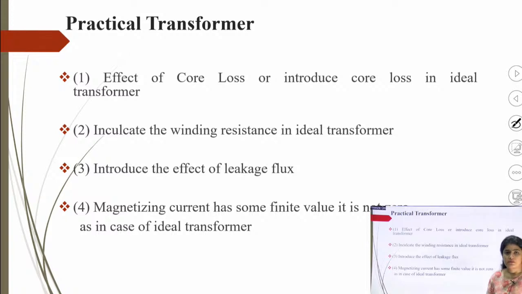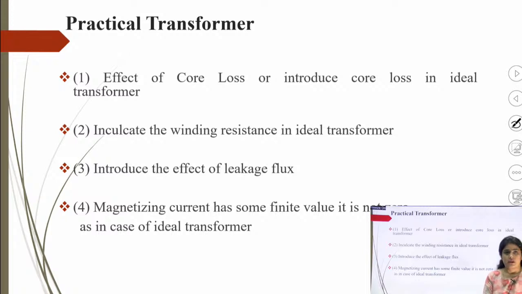If you are making a model of the transformer, you have to add these in practicality to the ideal transformer to make it a practical transformer, right. So one by one I am including these things in the ideal transformer. First I am taking the effect of core loss, or introducing core loss, in the ideal transformer, right.